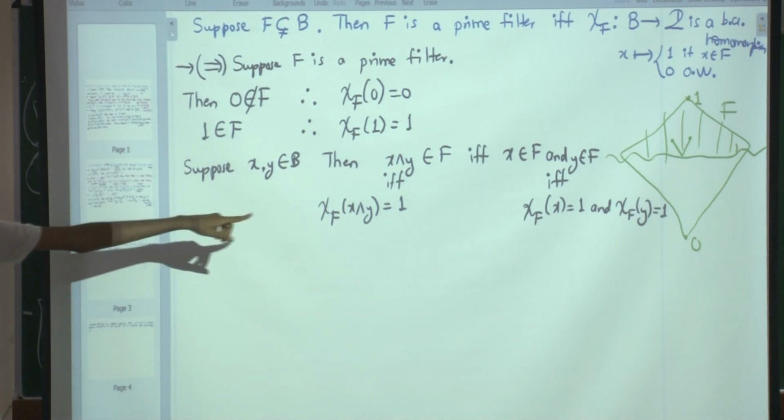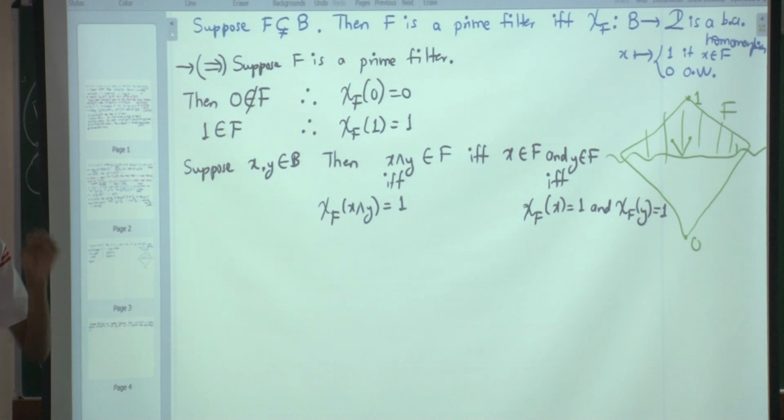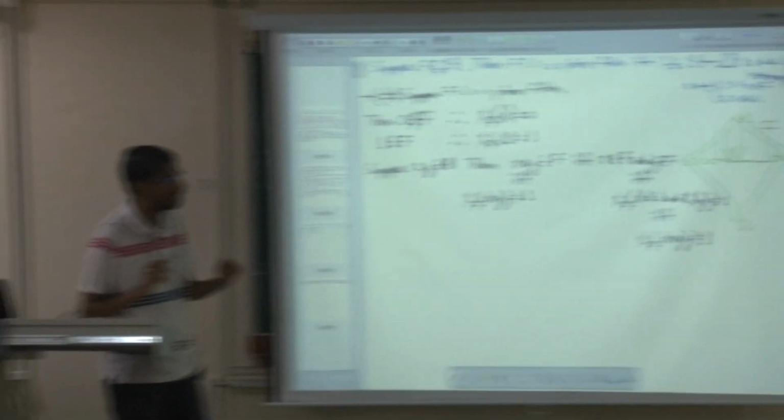Now, when is the meet of two elements equal to 1? When they are both 1, because you remember the truth table. Truth table says that conjunction, like meet of two things, is true if and only if both of them are true, right? Yeah, if you are not convinced, please think about it again.